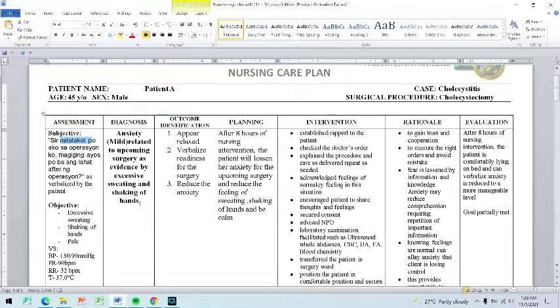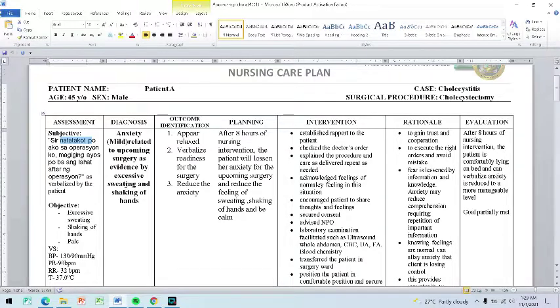But if you check the situation based on the description given by the students, this is not mild anxiety because there is a shaking of hands. Probably this is incorrect.